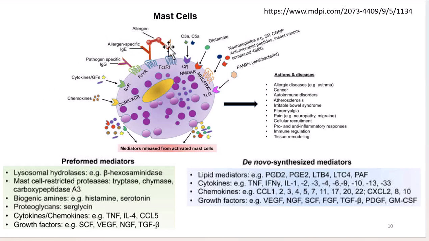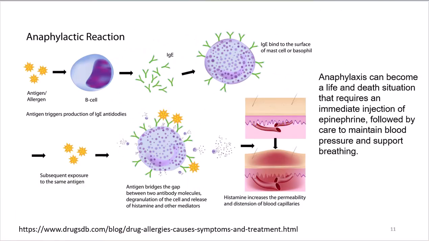Then you have these antibodies, the IgE, which can recognize allergens and antigens. They have other ways to interact with other cells. So they're quite a complex cell, but the main thing is they release these mediators. And they're involved in many different types of disease states.